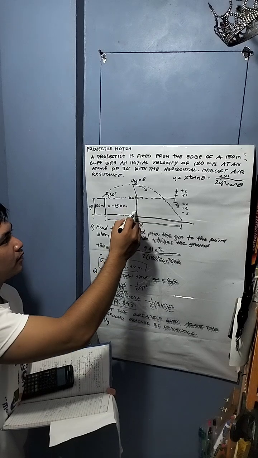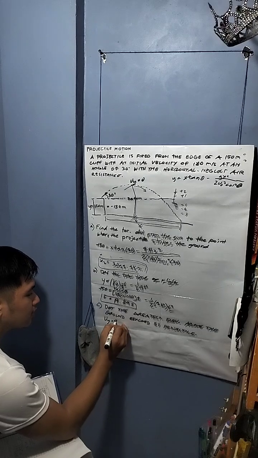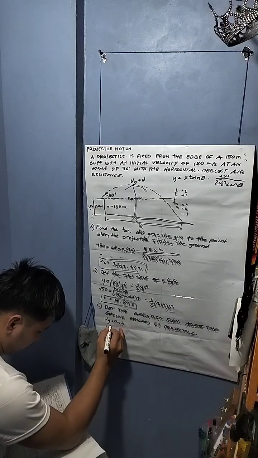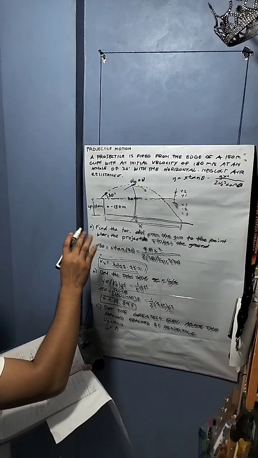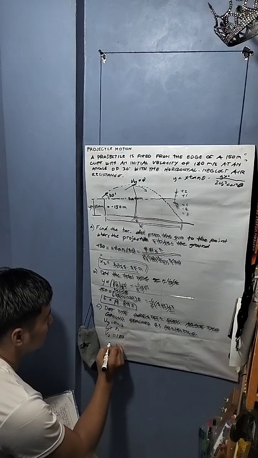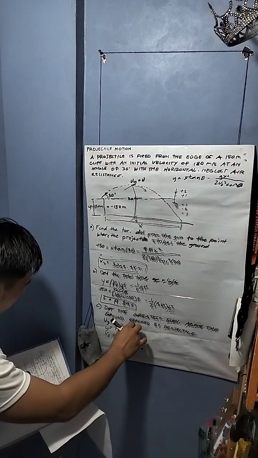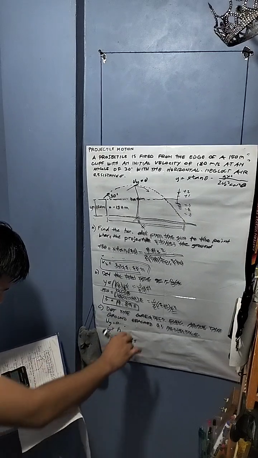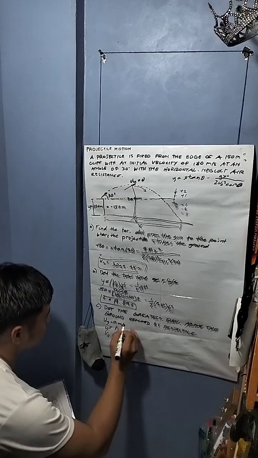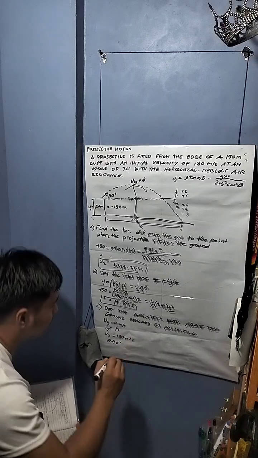So we are asking this point here. So Vy is equal to 0 m/s, and our y will be equal to h, and our v naught, of course, is 180 m/s, and our theta will be 30 degrees.